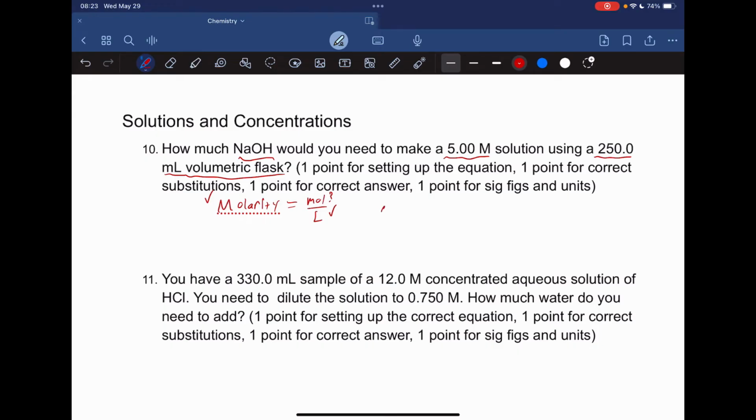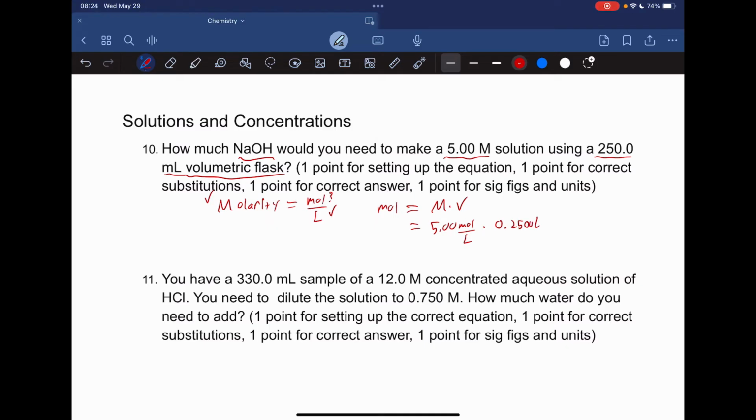Rearranging this equation, we get that moles, that's probably the worst M ever, moles is equal to molarity times liters, or a volume. I'll put V for volume. So then we have molarity is 5.00 moles per liter. And then we need to multiply by our liters, but it's 250 milliliters, which would be 0.250 liters.